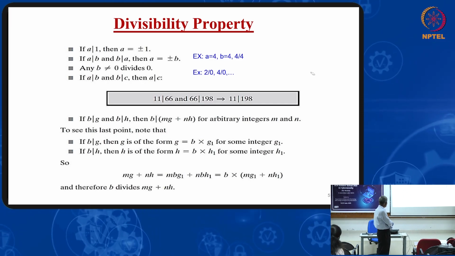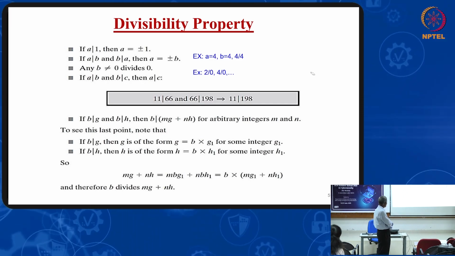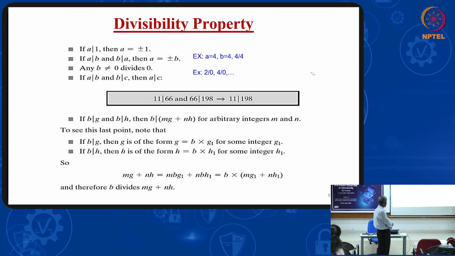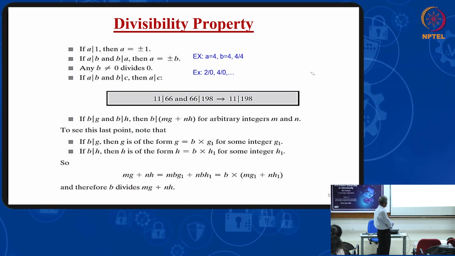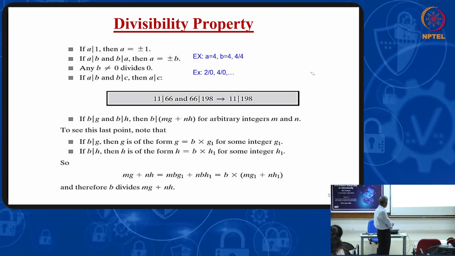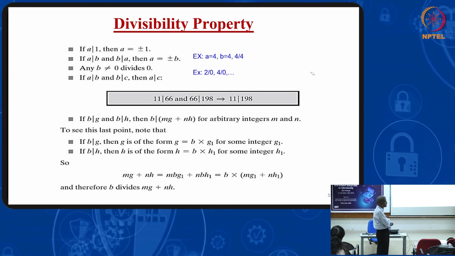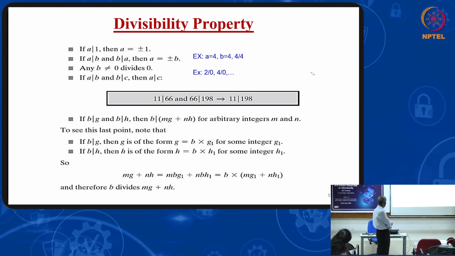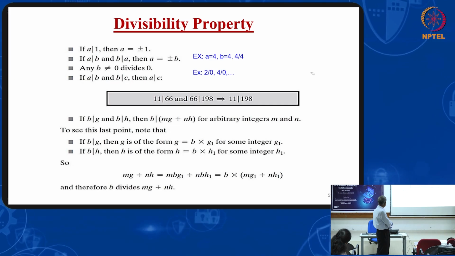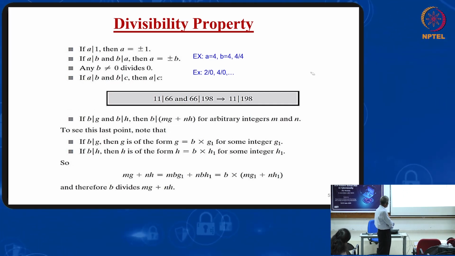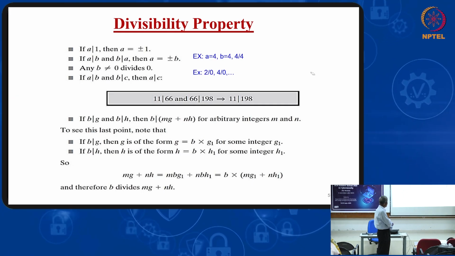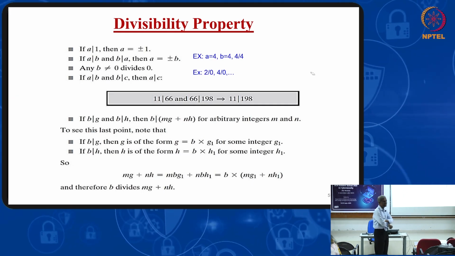If you take B outside, it becomes B times mG1 plus nH1. Therefore, if B divides G and B divides H, we can say that B divides mG plus nH for arbitrary integers m and n.